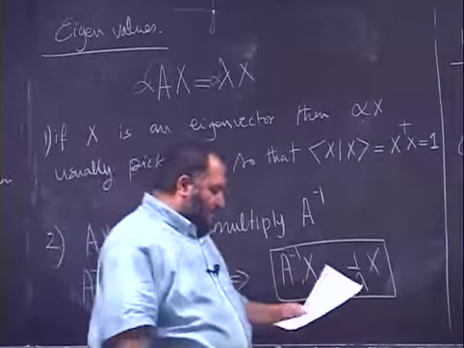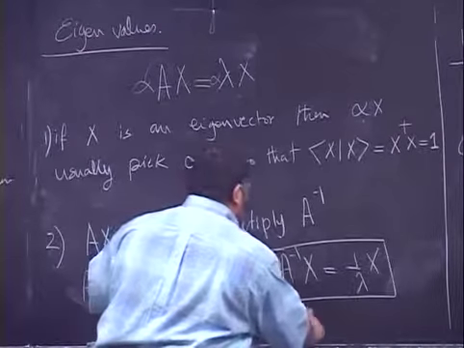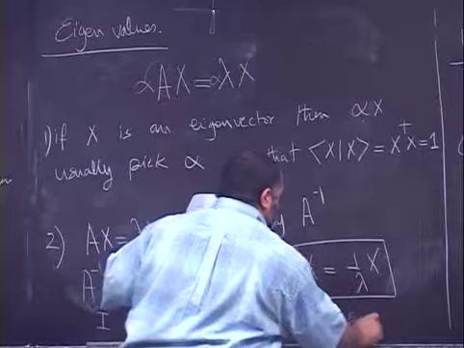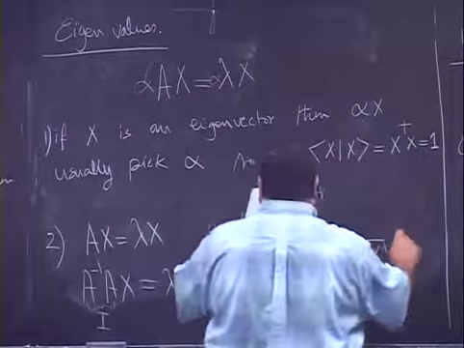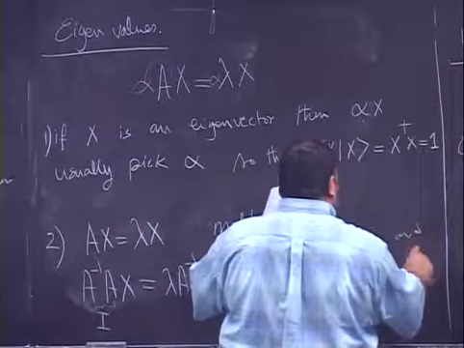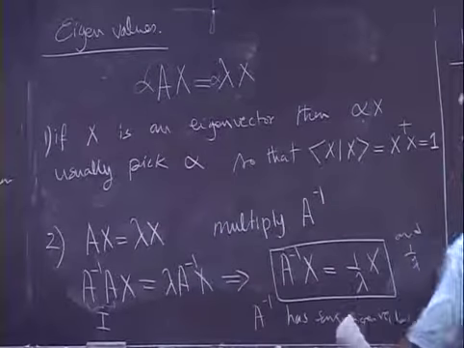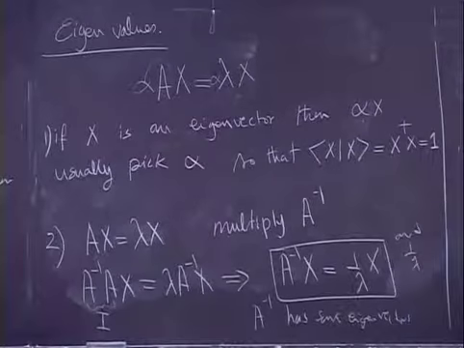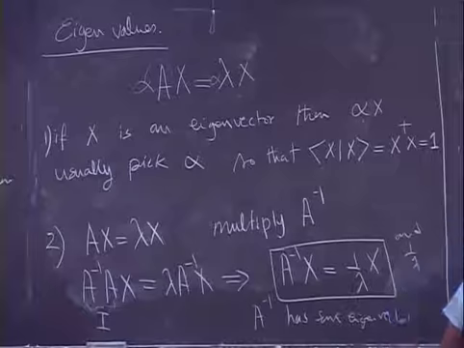So A inverse has the same eigenvectors and 1 over lambda for eigenvalues. So let's try to see what the eigenvalues are.